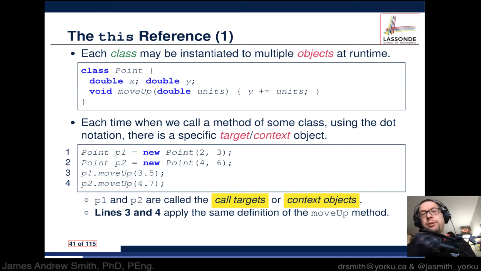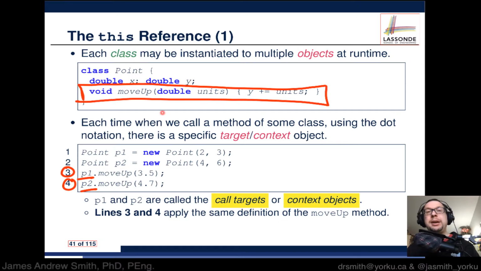So lines 3 and 4 for p1 and p2 apply the same definition of the moveUp method. There's the moveUp method right there. It's applied to objects that come from the class point, and it doesn't matter if they're called p1 or p2, that method is available to them.